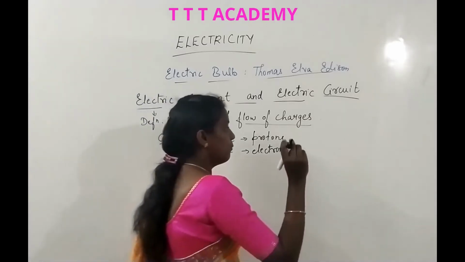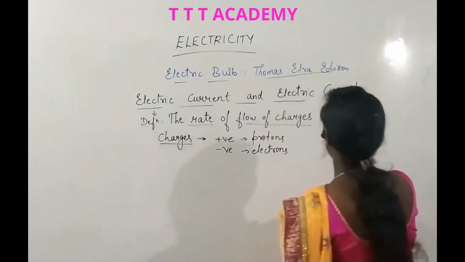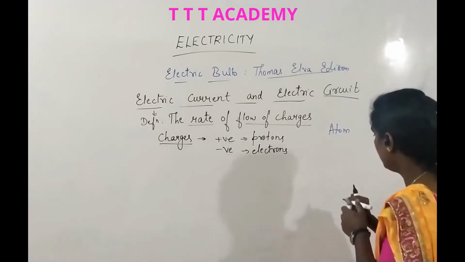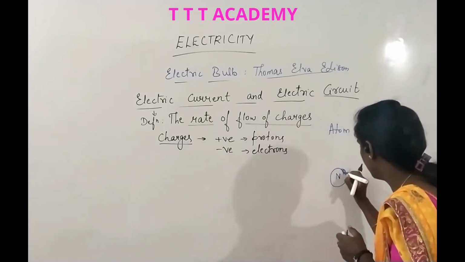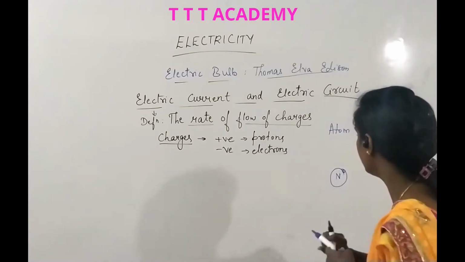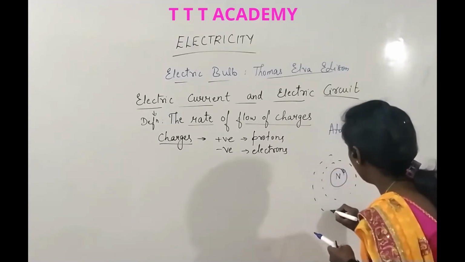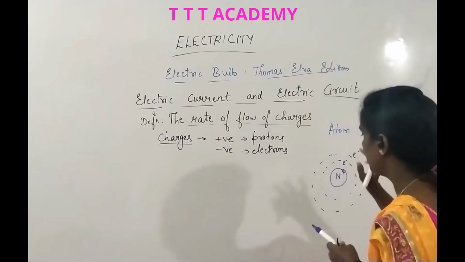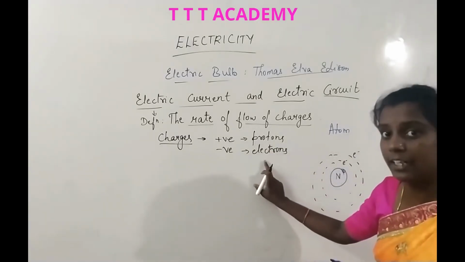First, remember in your previous classes you have studied the structure of the atom, right? What is the structure of the atom? In the center there will be a nucleus and protons will be there inside that. Protons, you know what are protons? Positively charged particles. Surrounding the nucleus, electrons will be moving. Okay.